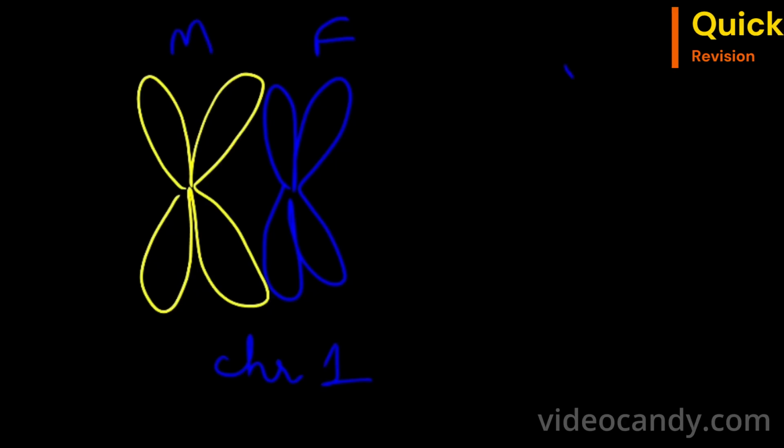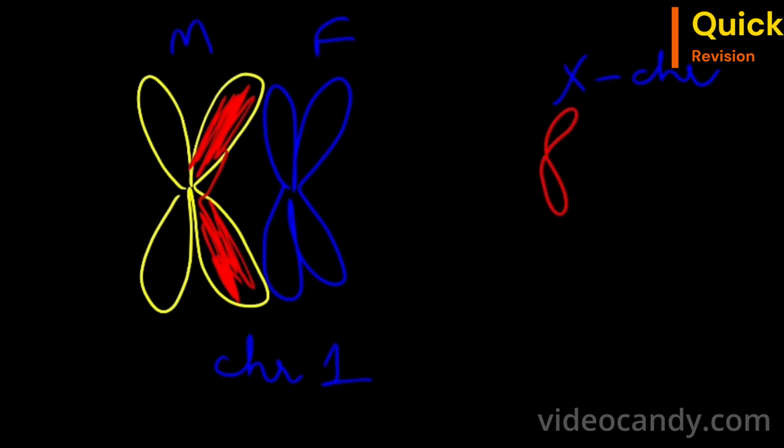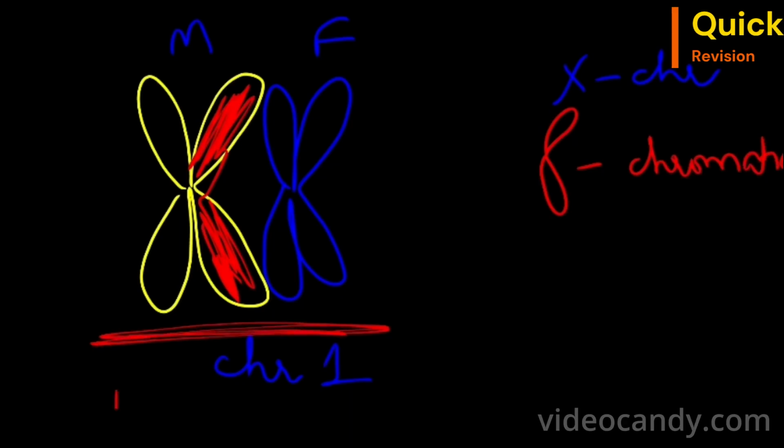Now this X shape is what we call a chromosome. And then what is a chromatid? If you take half of this chromosome, this one is half of it, a shape like this, this will be your chromatid. Now these two are chromosome 1, so that's why we call them homologous, right?